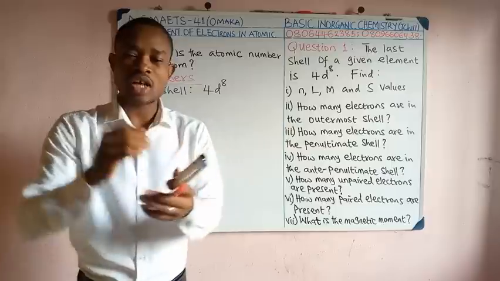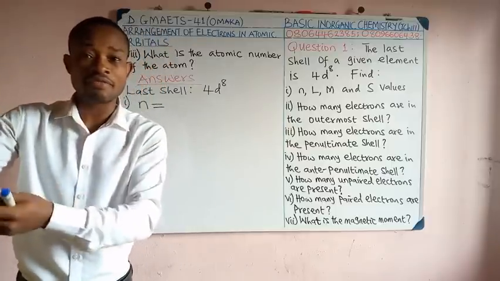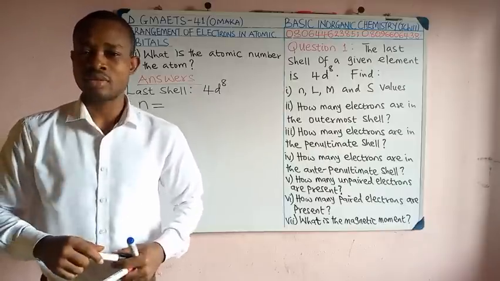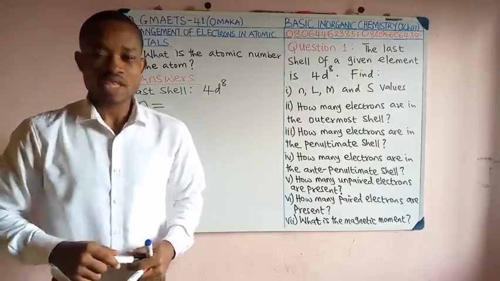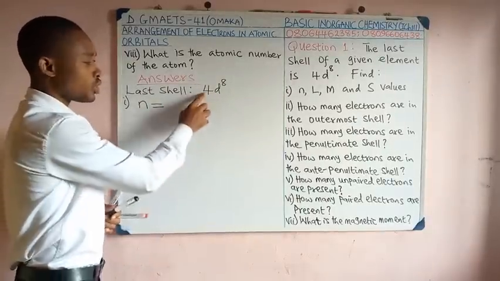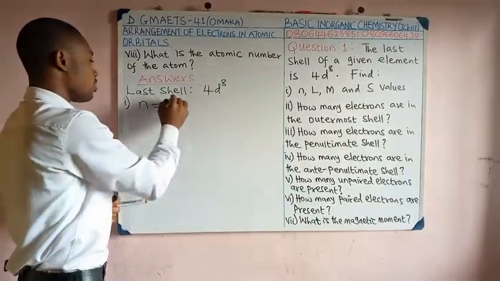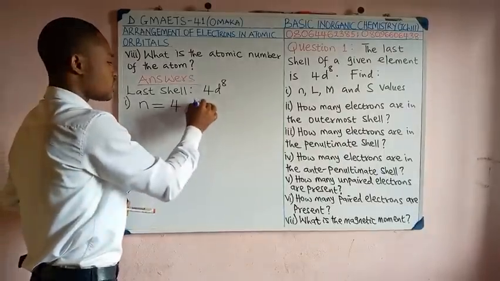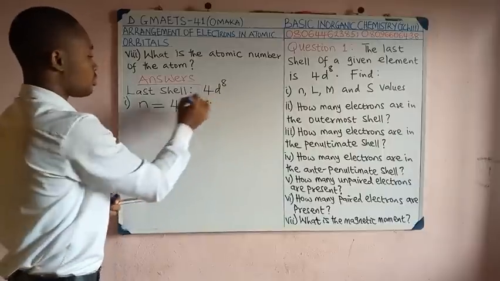Now, the numbers attached to these letters s, p, d, f are the principal quantum numbers n. Does that make sense? So in this case, what number is attached to d here? The number attached there is 4. You can see that. So the principal quantum number is equal to 4. Does that make sense? So that's the first solution here for the principal quantum number.